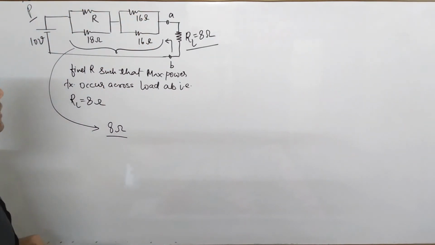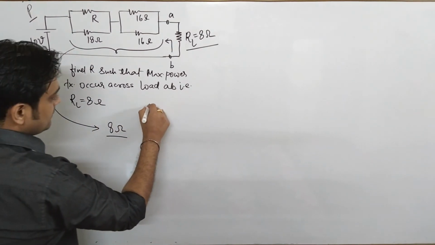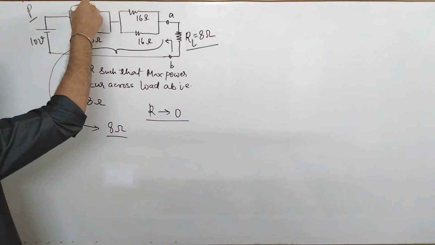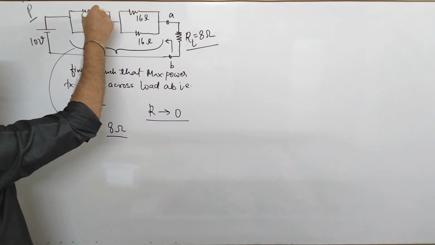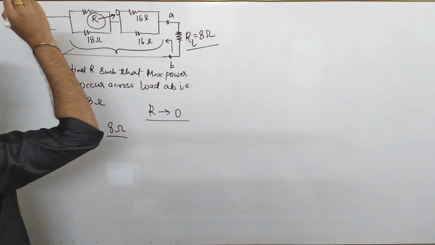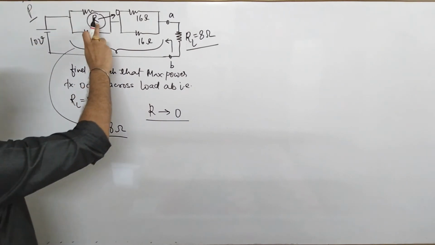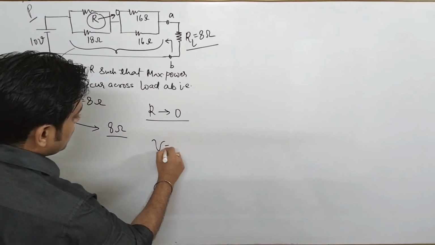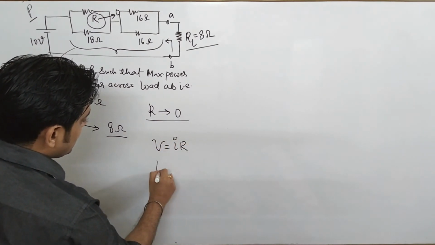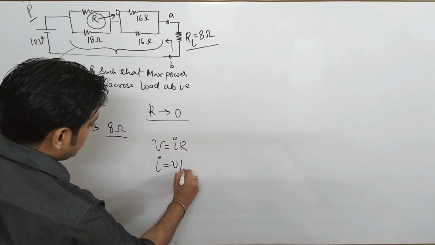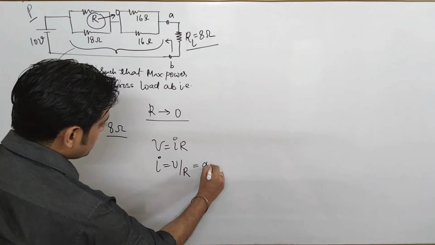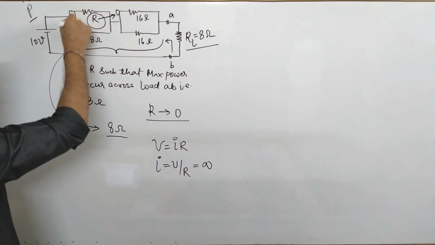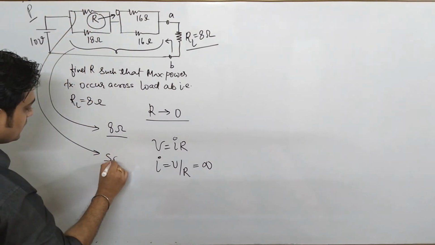Now see, very important, if I make this resistance R as 0 ohm, what will happen? If R goes to 0, then from Ohm's law, V equal to IR, I is V by R. If R goes to 0, that means I goes infinite, or you can say this branch will be short circuited.